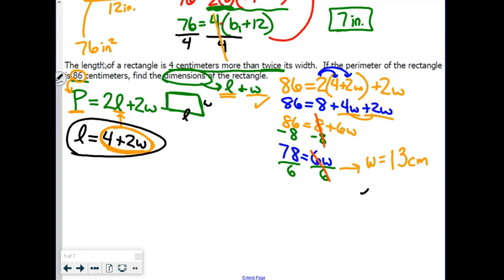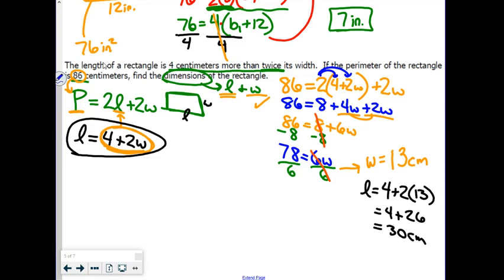So we could just say that L is equal to 4 plus 2, but now W we know is 13. And this is something we can solve for. That'll be 4 plus 2 times 13 is 26, right? Because we multiply before we add, and then that would be 30. So the length is 30 centimeters.